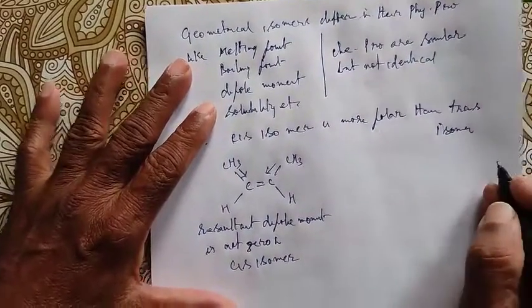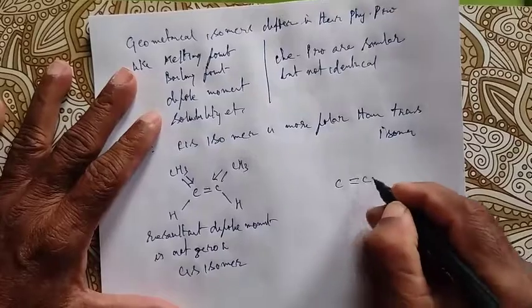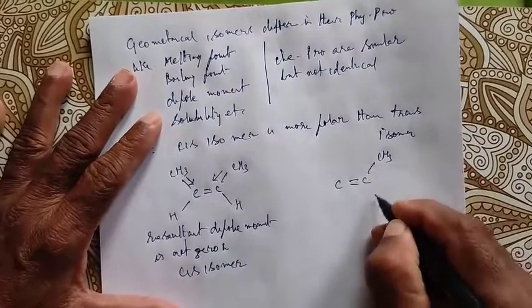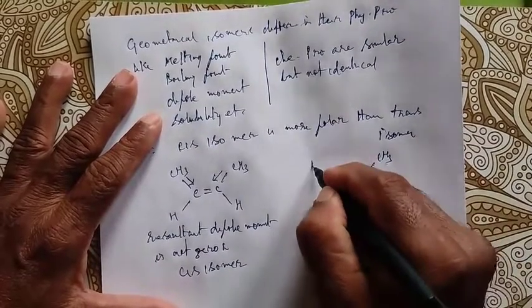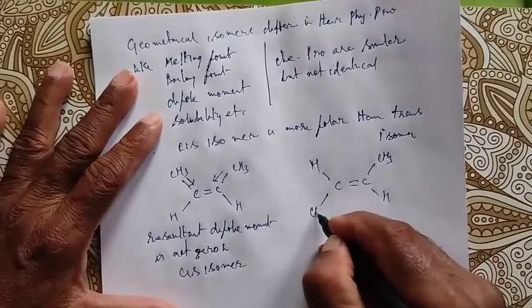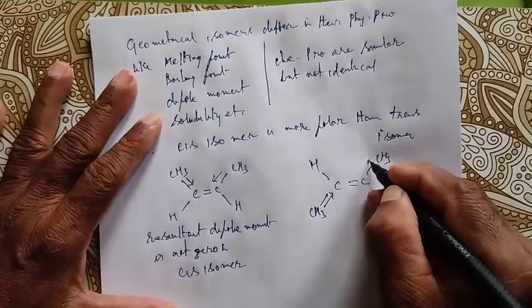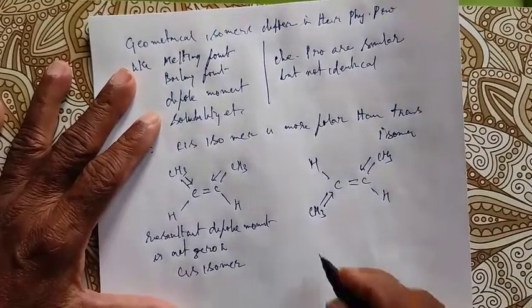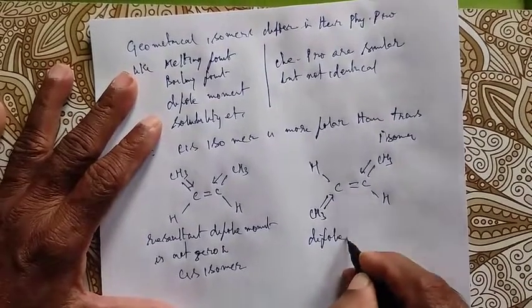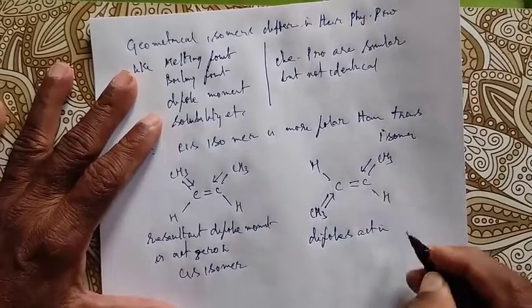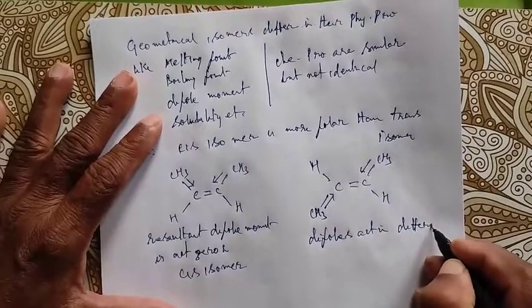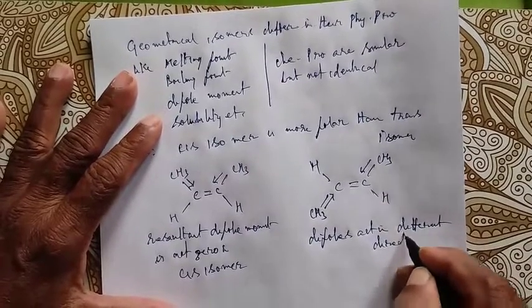Whereas in trans isomer, this is trans isomer, CH3, hydrogen, this is hydrogen, CH3. So here the dipoles act in this direction and of course in this direction. Therefore the dipoles act in different directions.